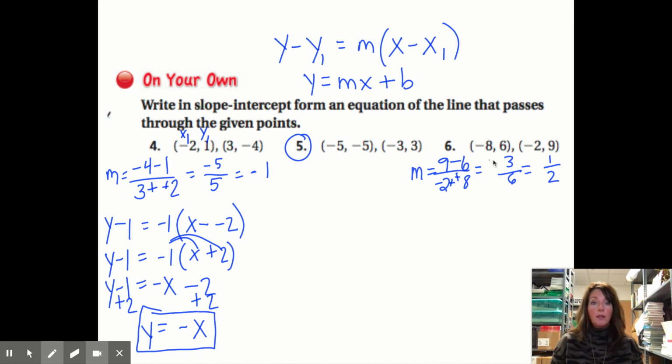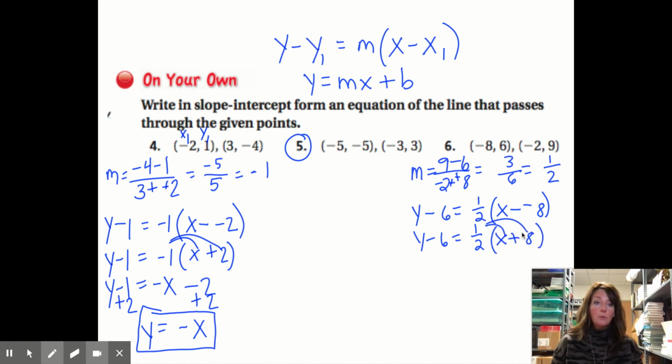So I'm going to go with these values because they're both even, right? That's going to help me distribute my slope a little bit better. So y minus 6 is equal to a +1/2 times x minus the -8. So y minus 6 equals 1/2 x plus 8.